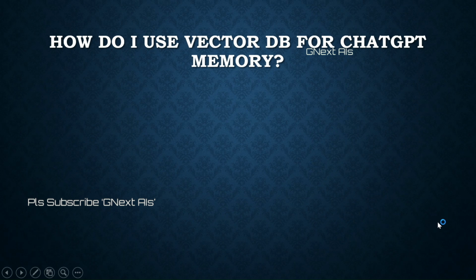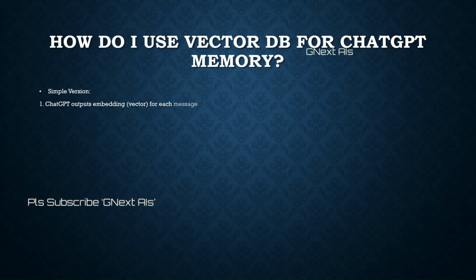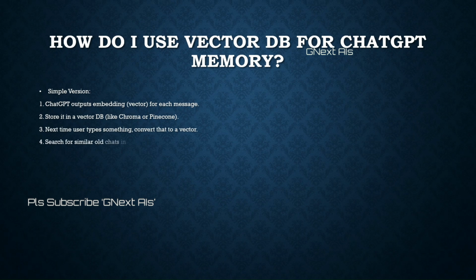So how do I use a vector DB for ChatGPT memory? In a simple way, ChatGPT outputs embeddings, that is the vector for each message. Then store it in a vector DB like Chroma or Pinecone. Then next time the user types something, it converts into a vector. It searches for similar old chats in the DB and shows the results.